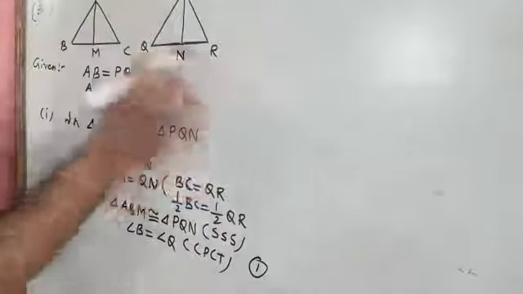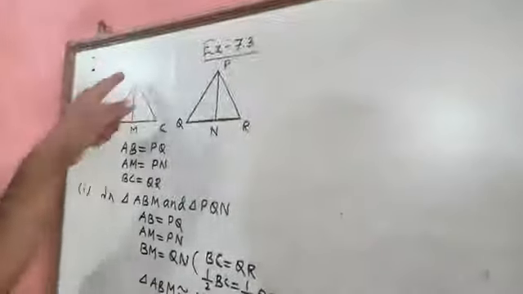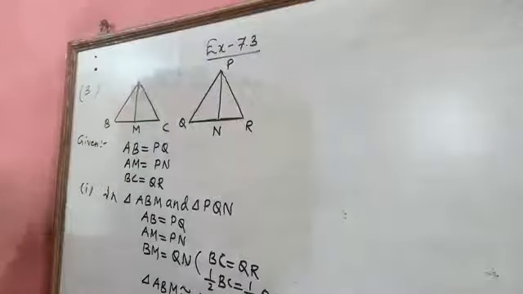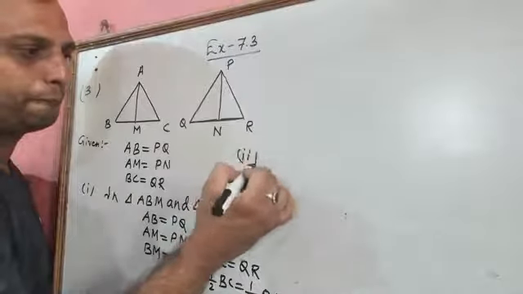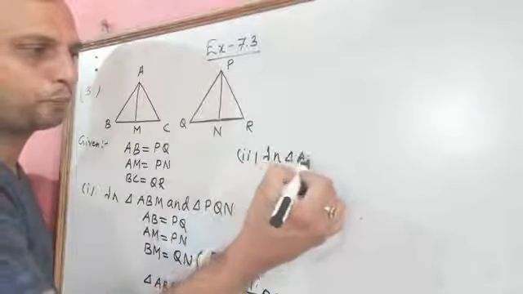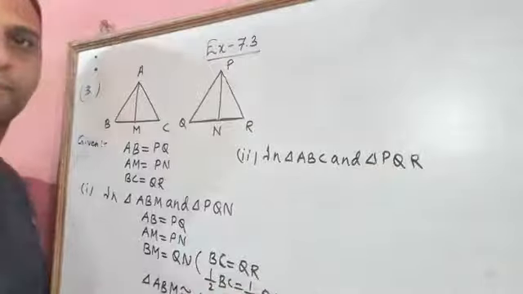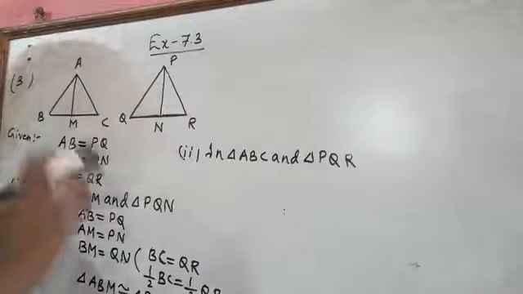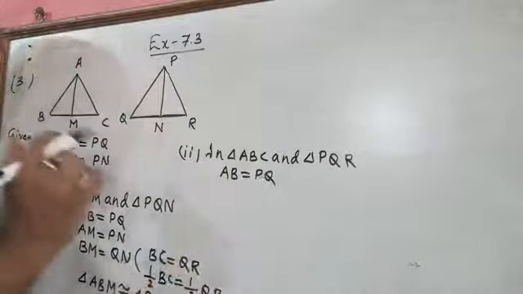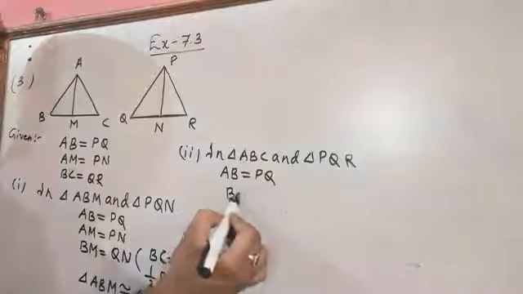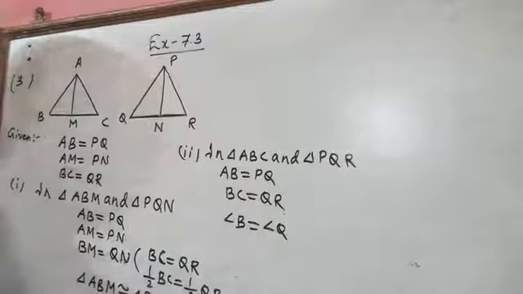Now for the second proof, we have to make this bigger triangle congruent. That means in the second part we have to prove that ABC is congruent to PQR. AB equal to PQ and BC equal to QR is also given in the question, and angle B is equal to angle Q. This we had just now proved in the first one.